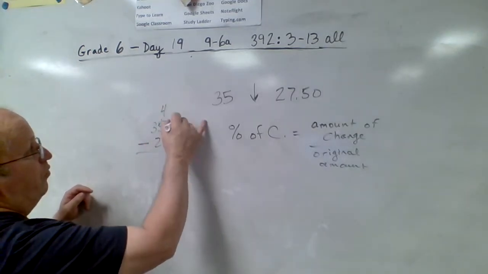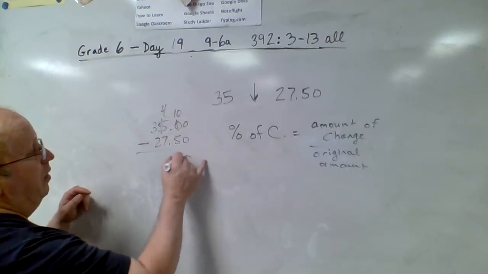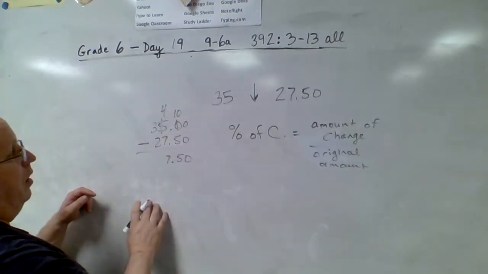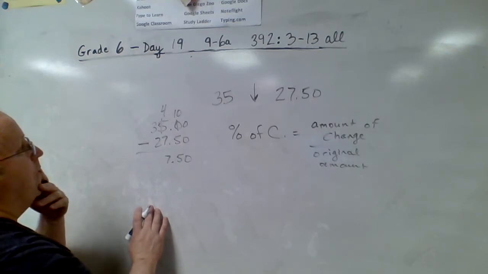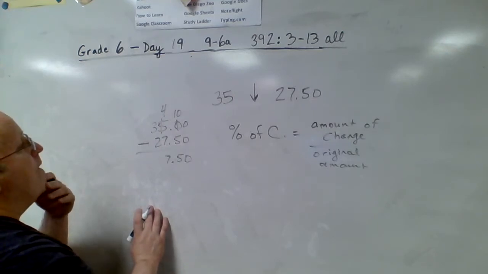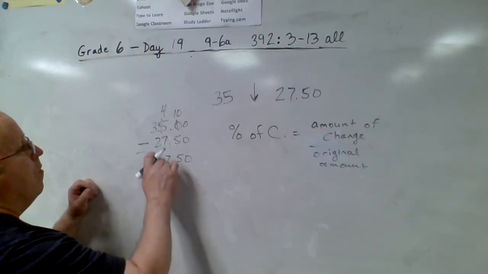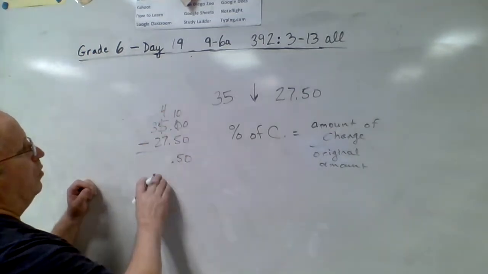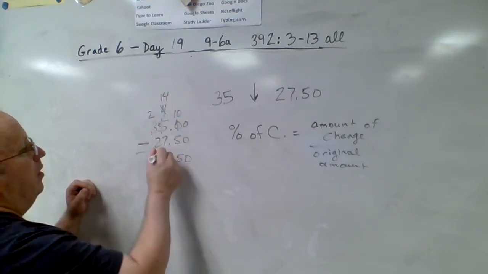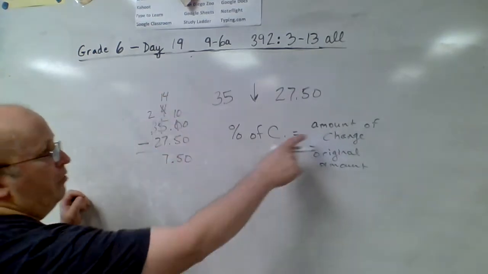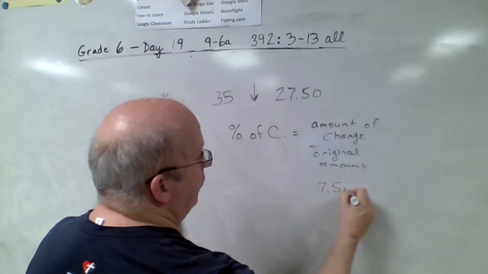That changes to a 4 to make this a 10. Wait a minute. I can't take 4 minus 7. I've got to borrow from the 3. There's $7.50. So our amount of change is $7.50.